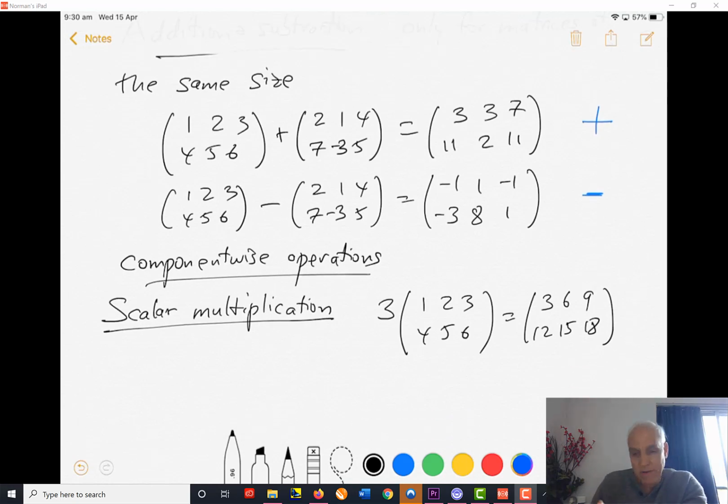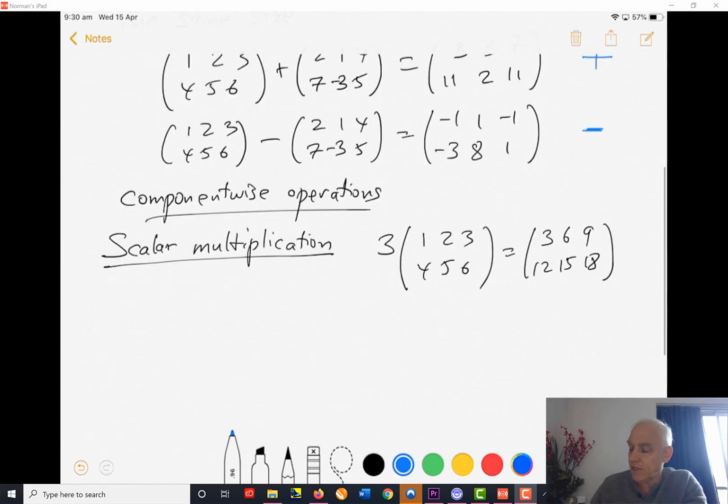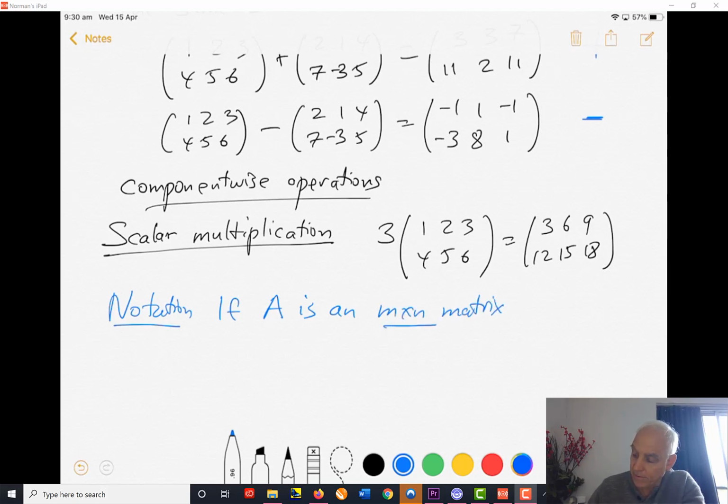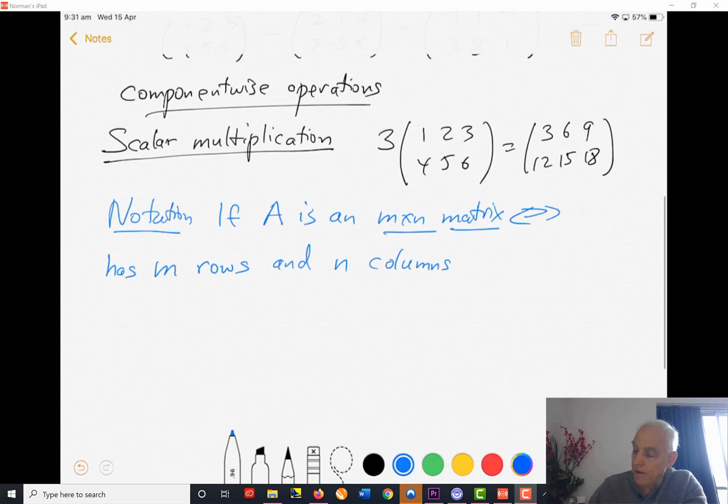Now, one way of describing that efficiently is in terms of some notation. So if A is an M by N matrix, so that, I remind you, means that it has M rows and N columns, then it will have the form like this.